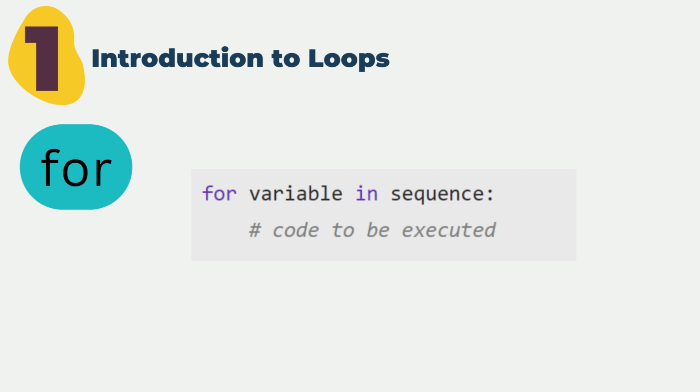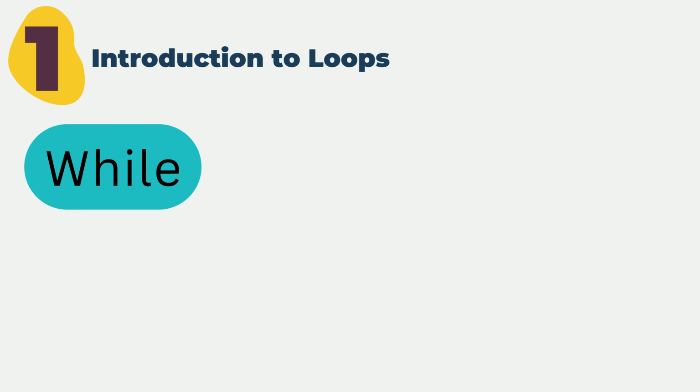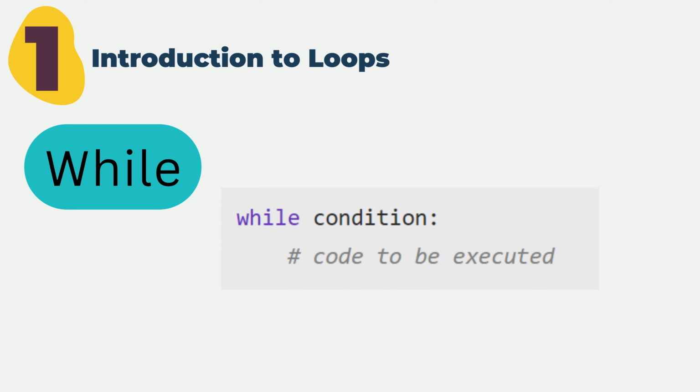Here, the loop iterates over each element in the sequence, and the variable takes the value of each element in each iteration. The while loop performs a set of statements repeatedly as long as a given condition is true. Its syntax is as follows. The loop continues executing as long as the condition remains true. It's essential to ensure that the condition eventually becomes false to avoid an infinite loop.